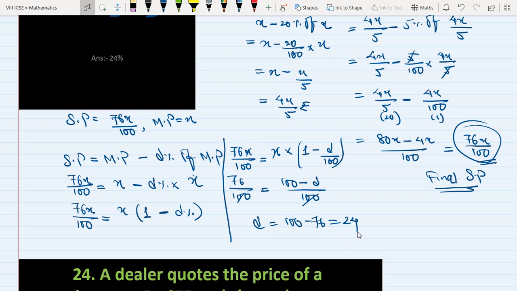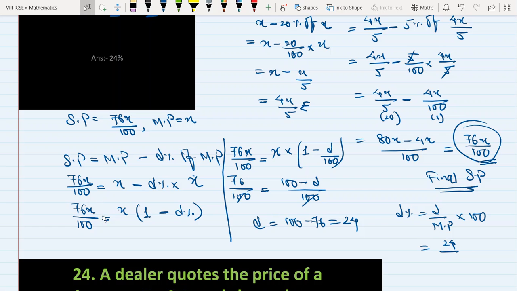Now if you want to find the discount percent, it is discount upon mark price into 100, right? Discount percent is equal to discount upon mark price into 100. Okay, so discount is 24, mark price is, actually this should be 24x, shouldn't it?